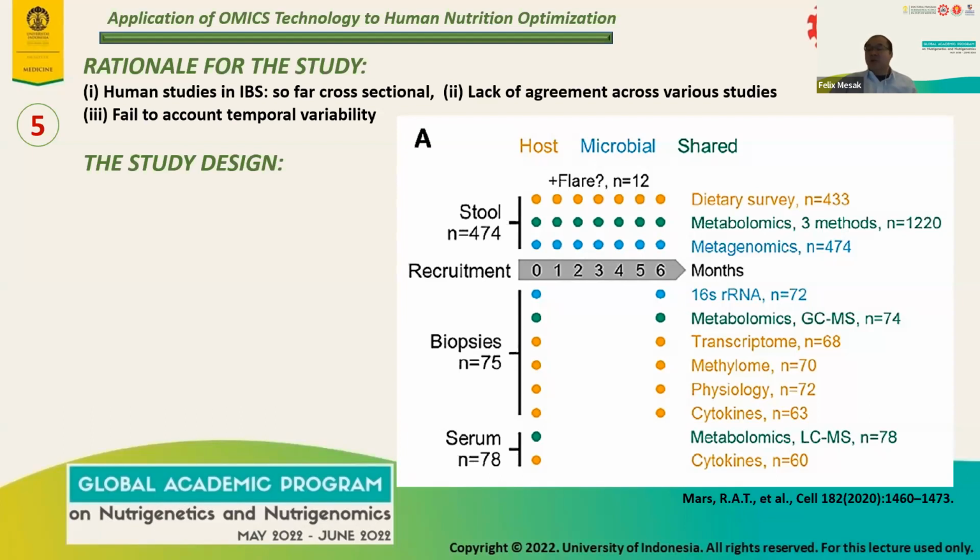In addition, IBS, like other chronic gastrointestinal disorders, is characterized by periods of remission and exacerbation in symptoms, and cross-sectional samples thus fail to account for temporal variability in disease.